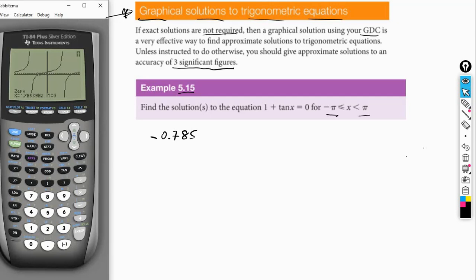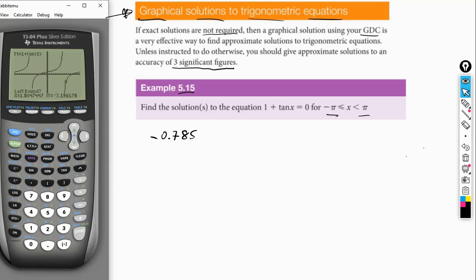So we go second, calculate, 0. And let's move it to the other intersection. Notice that we're going to go right. That's just going to take us up and then back from below.